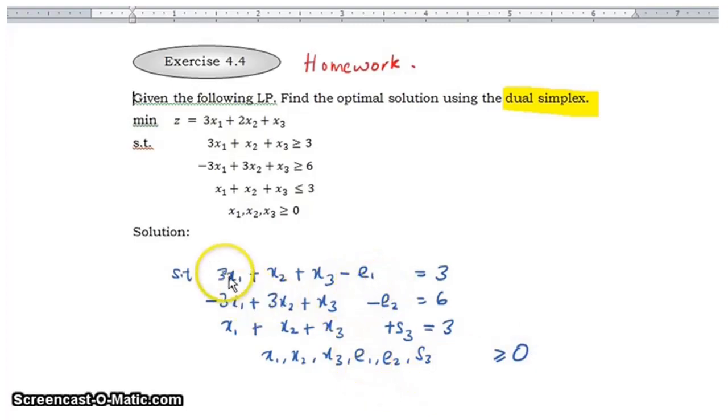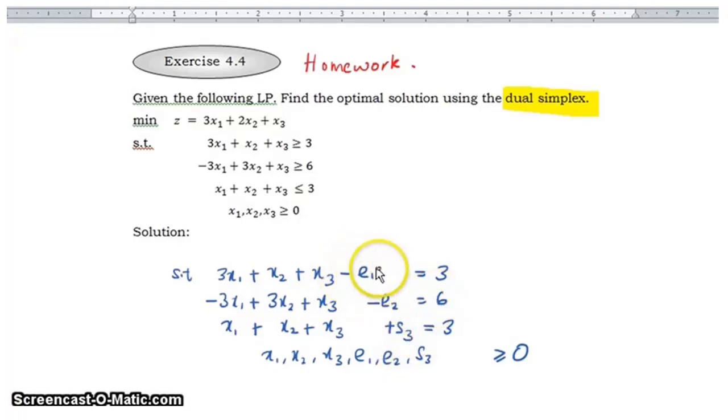Next, find the basic variable for every constraint. As we can see here, x1, x2, and x3 cannot be basic variable in either constraint 1, constraint 2, or constraint 3. Therefore, we need to choose other variable to be the basic variable in these constraints.